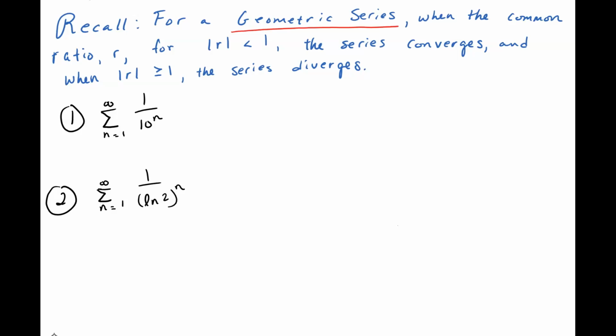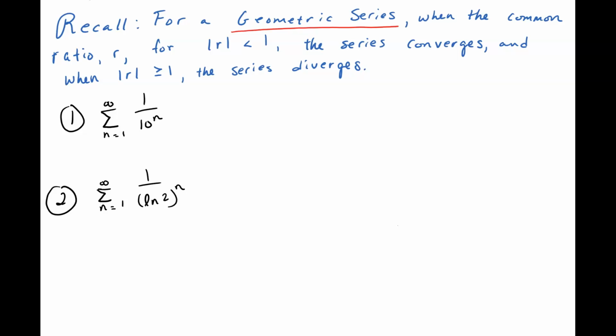So we're looking at two geometric series here. The first one is from 1 to infinity of 1 over 10 to the power n. So what we're going to do is look at it and identify that common ratio. Well, we see here that it's going to increase by a power of 10 in every successive element of this series.